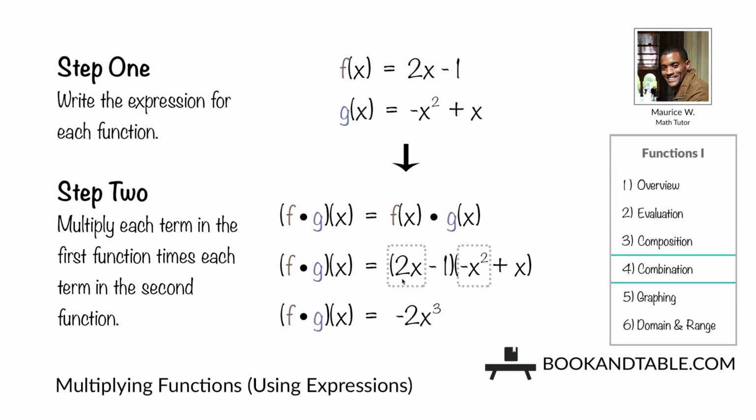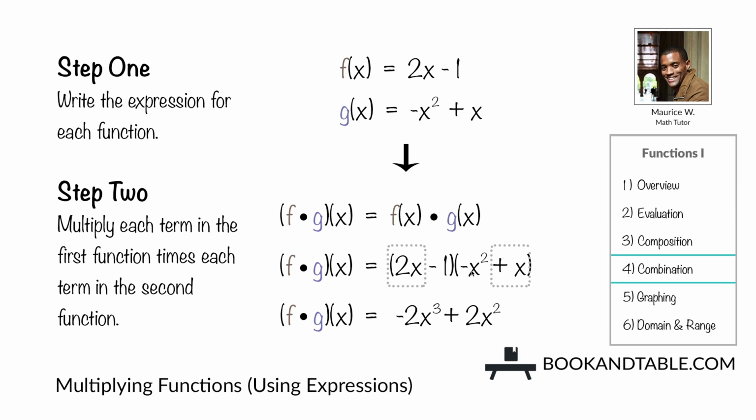So we'll do 2x times negative x squared will give us negative 2x to the third. The exponent 1 plus the exponent 2 would give us 3. 2 times negative 1 is negative 2. And now we multiply this term times the second term in the second function, which gives us 2x times x, which is 2x squared.